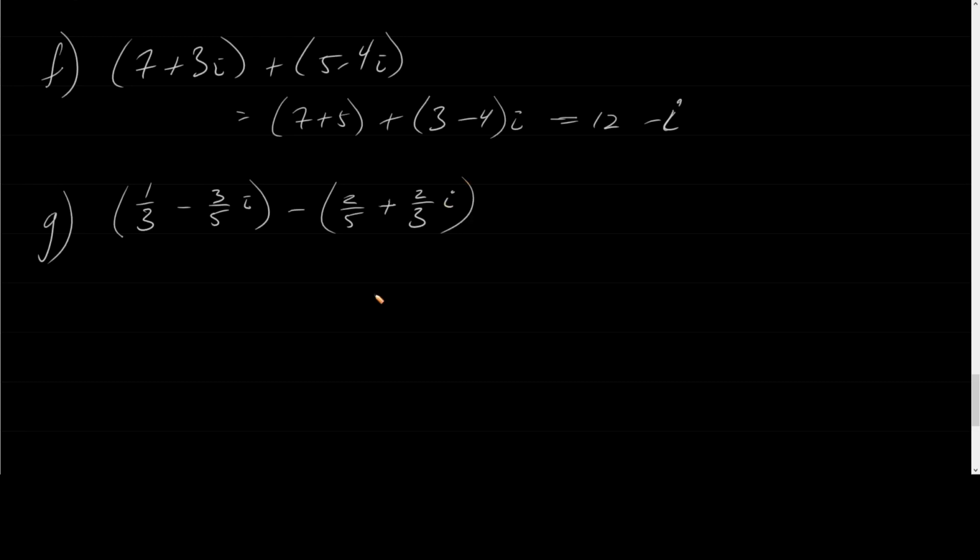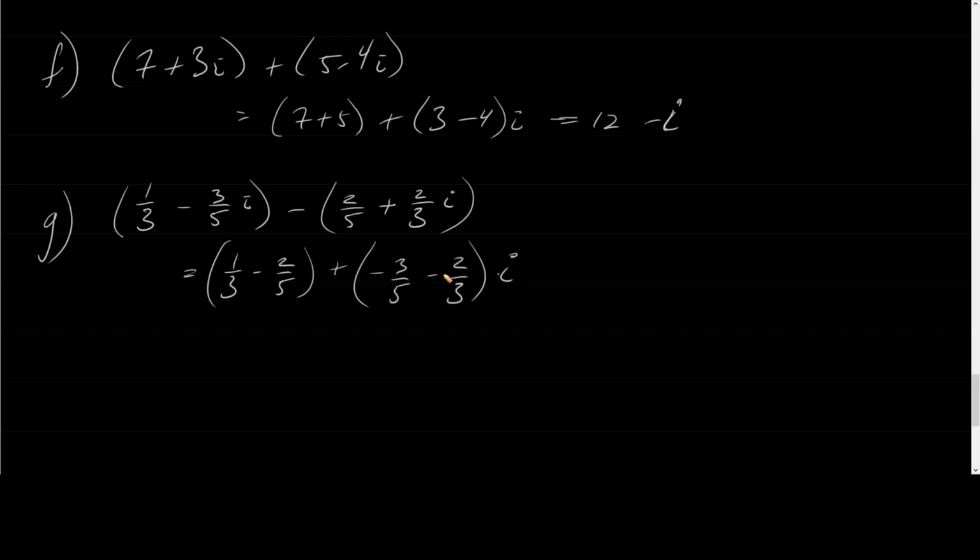All right, so here now we have fractions. The very first thing that you should do in problems like these where you have fractions is get rid of the fractions. And how are we going to do that? Well, essentially we need a common denominator. I'm also going to distribute this negative. So if I distribute the negative, I have 1/3 minus 2/5 plus negative 3/5 minus 2/3.